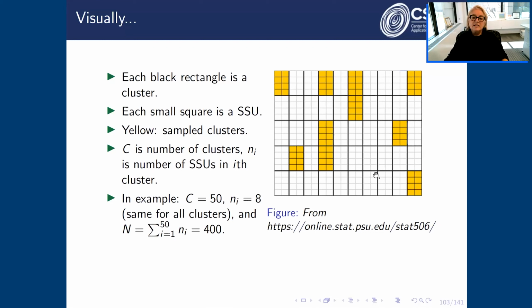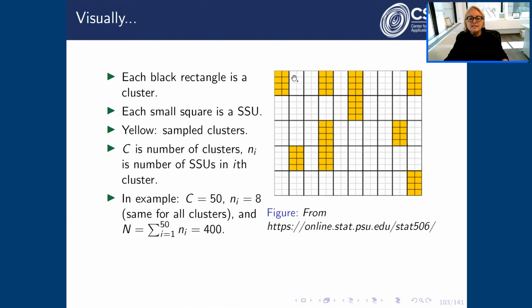So here's an example visually. I took this from Penn State. They have this good online Masters of Statistics course. Here, imagine this entire thing is a population, and each one of these big rectangles marked by thick black lines is a cluster.